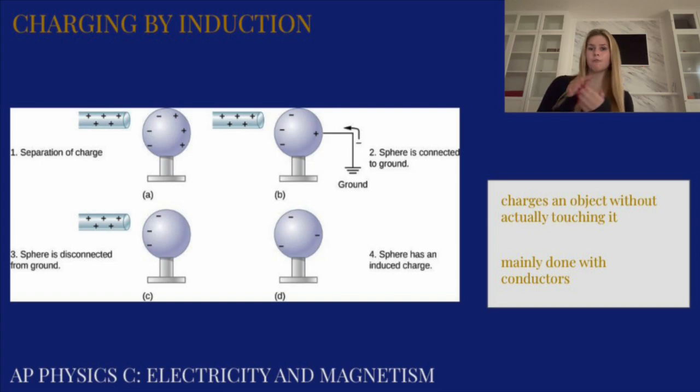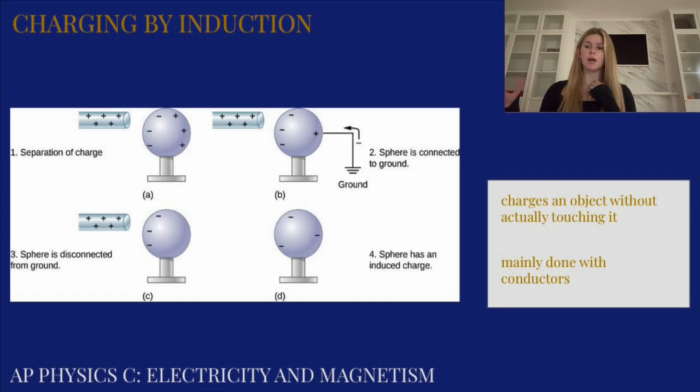We start off with a metal sphere, neutrally charged, and we bring a positively charged rod near it, not touching, just near it. Since it's not touching, the charge cannot just be directly transferred.